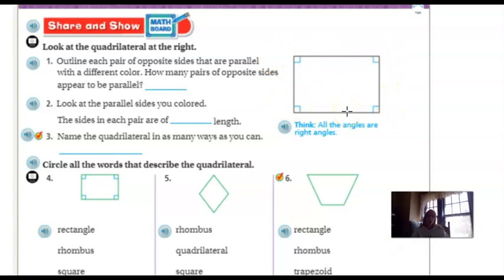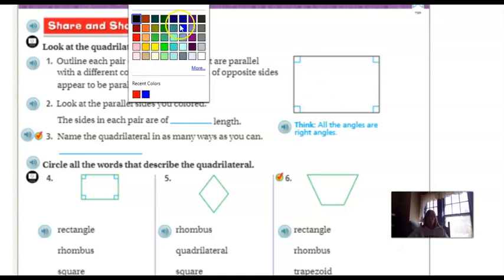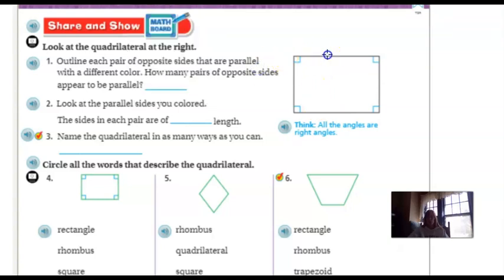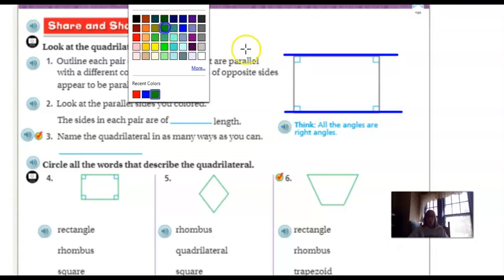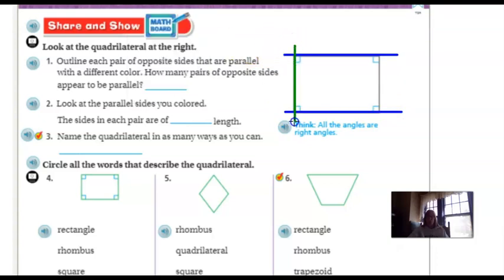So outline each pair of opposite sides that are parallel with a different color. So we're going to get some different colors, and we'll do the opposite sides. There's our first one, and then we'll go to green and we'll look at this one, and we'll draw our opposites.